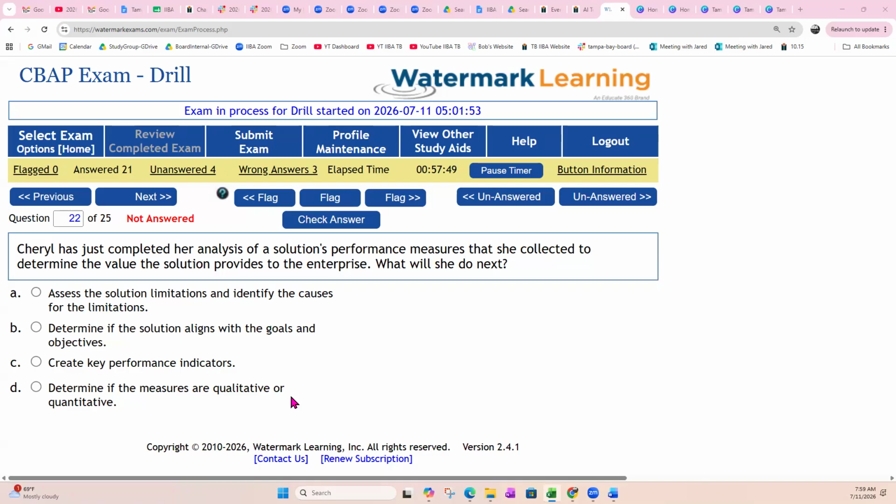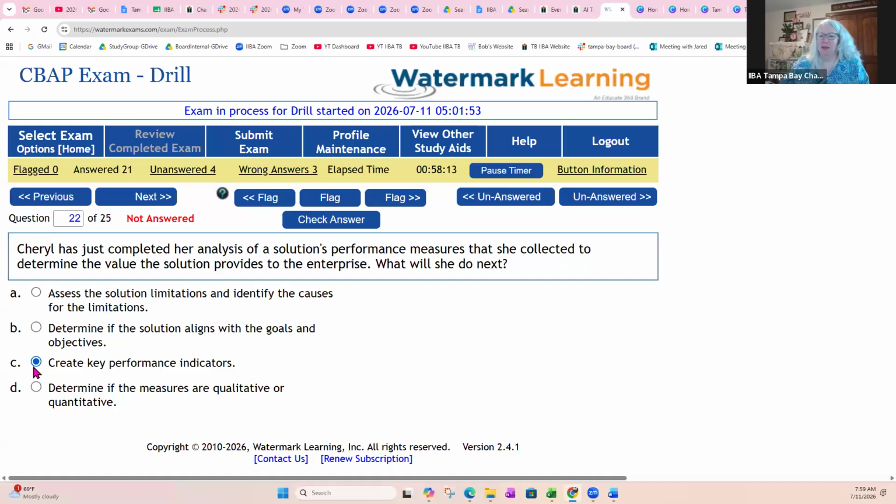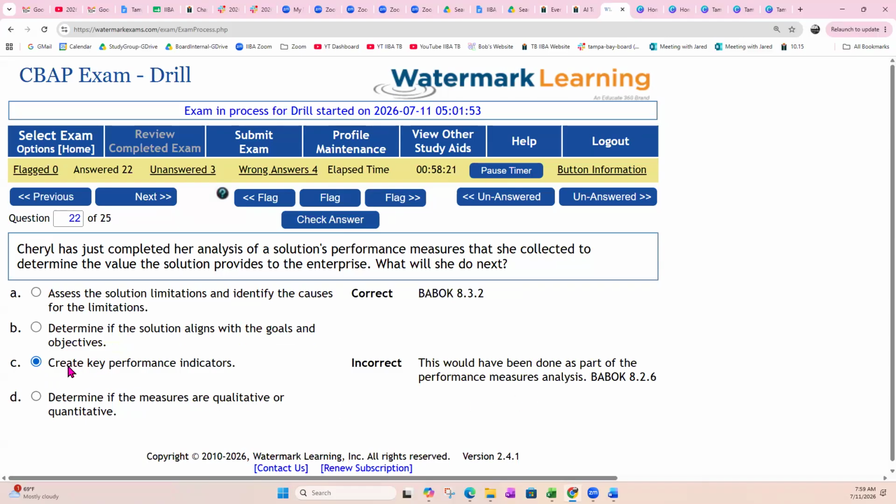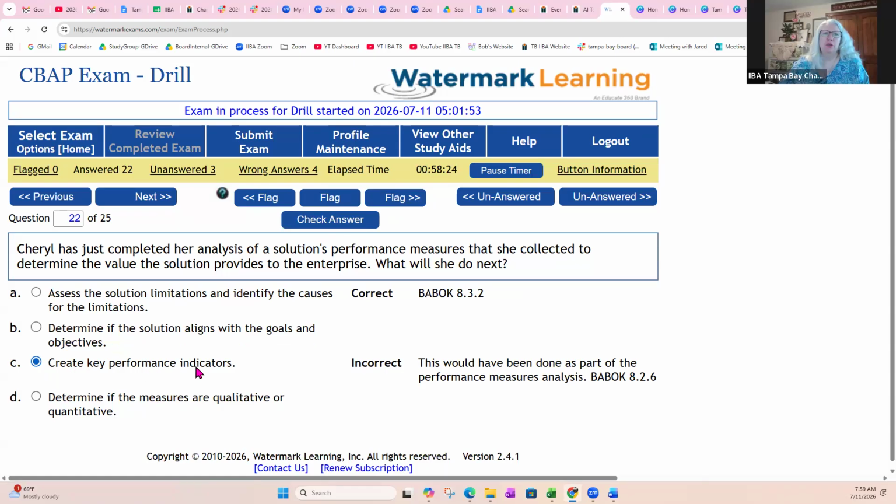I'll go with either C or D. I will go with C or A. Okay, I got 2 votes for C. Let's check C. During the performance measures analysis, you create your key performance indicators already.